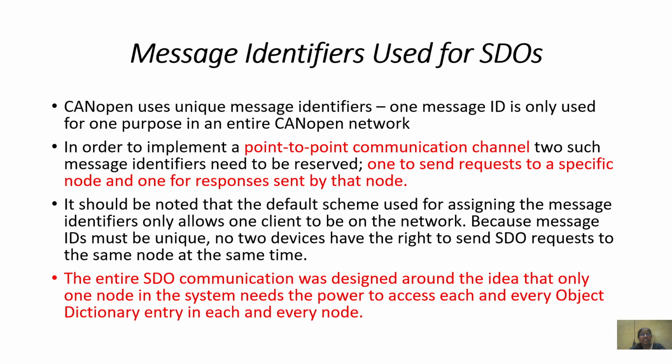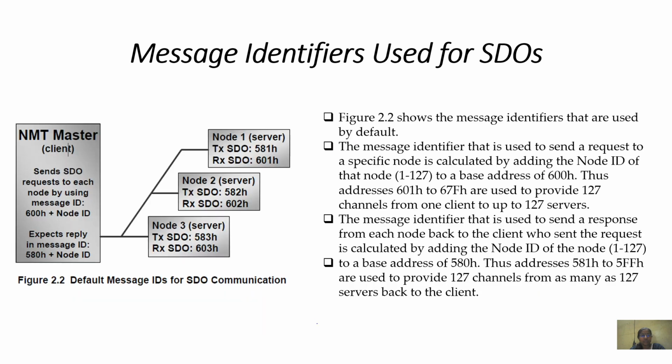Here is the message identifier used for SDOs. To implement point to point communication, two such message identifiers are needed, one to send a request and another for responses sent by that node.